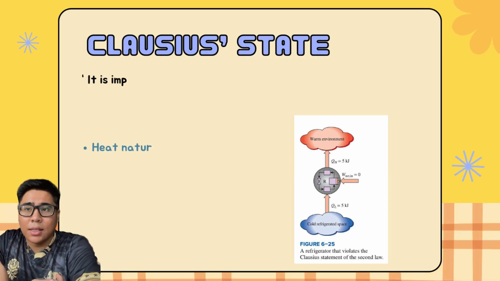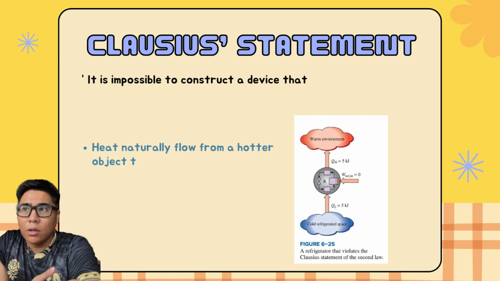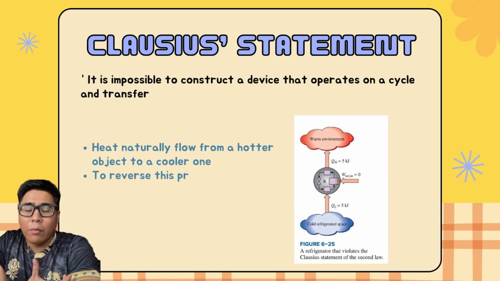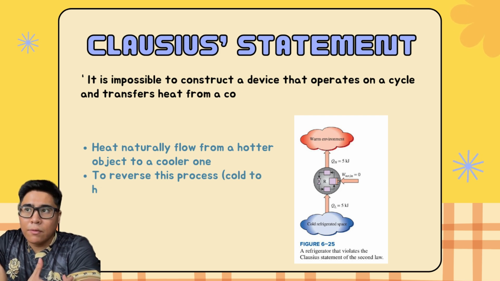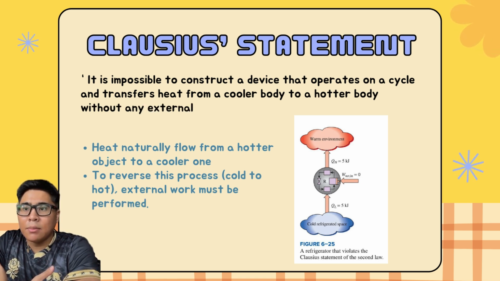Next, what is the Clausius statement? The Clausius statement of the second law of thermodynamics says it is impossible to construct a device that operates on a cycle and transfers heat from a cooler body to a hotter body without any external work being done. In simpler terms, heat naturally flows from a hotter body to a cooler one.